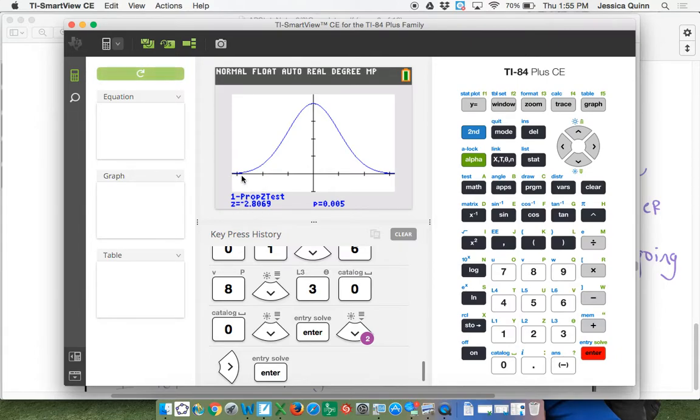So the z-score is actually at negative 2.807-ish and at positive. So it's two-sided. Okay, so both of these little tails under the curve are shaded a little bit, but it's hard to tell because it's right here under the tail where there's not a ton of area. Okay, and then our p-value that we got from the calculator is 0.005.